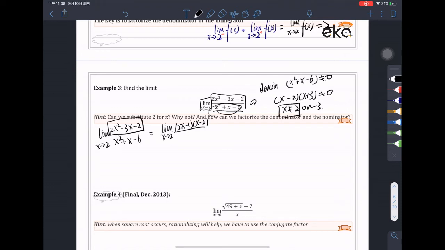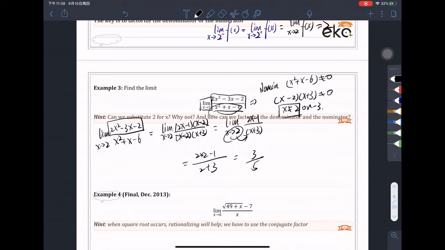Then the denominator can be written as (x minus 2)(x plus 3). These are cancelled. Then we have the limit as x approaches 2 of (2x plus 1) over (x plus 3), where we plug in x equal to 2. 2 times 2 plus 1 over 2 plus 3, which is 5 over 5. Okay?